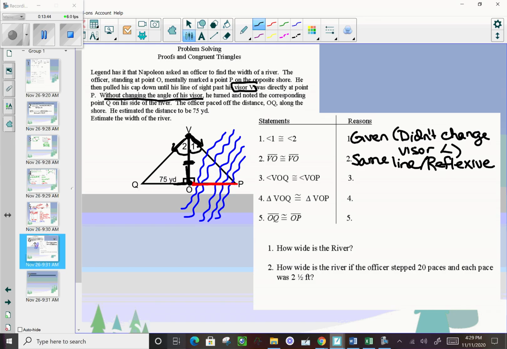When I look at that, VOQ and VOP are the right angles. How do we know they're right angles? Well, if VO is the officer, we have to hope that he's standing upright. And if you aren't standing at a 90-degree angle, you don't stay upright. So, since they're right angles and all right angles are congruent, we can say they're congruent.